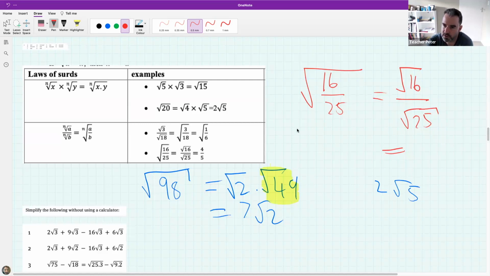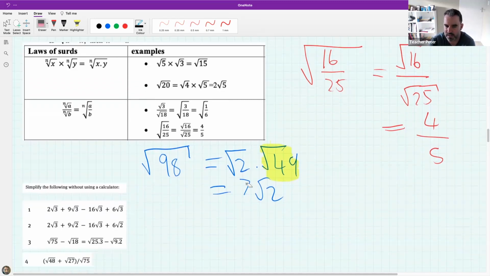What's that going to be equivalent to? So the square root of 16 is 4, and the square root of 25 is 5. So you just need to know how to work with these laws for surds. And the best way to do that is just to kind of get used to using them.